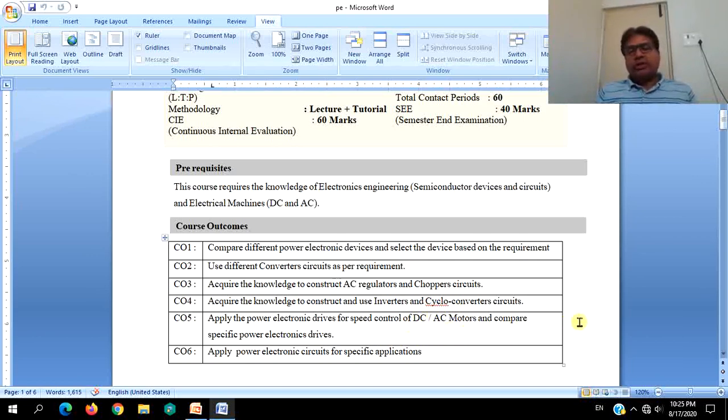So the 5th unit comprised the application of power electronic converters, and that ended with the last session.